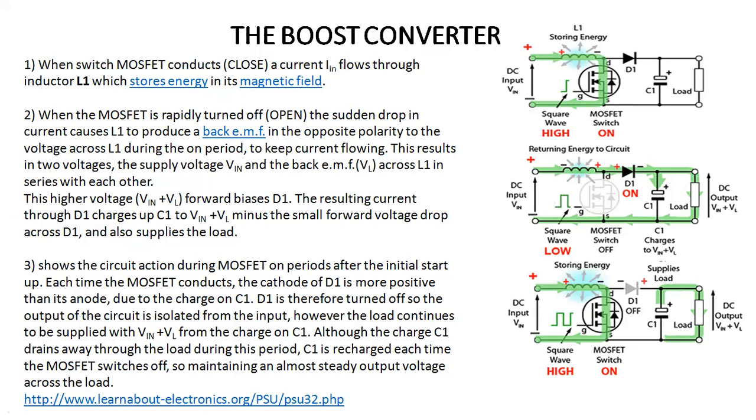What we are saying, if we are using the switch to get constant output voltage, or that voltage will be in increased amount or in decreased amount, or it will be inverted with respect to input voltage.